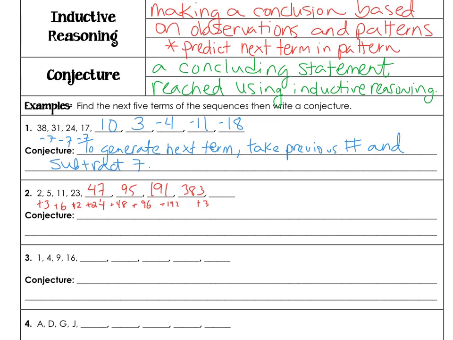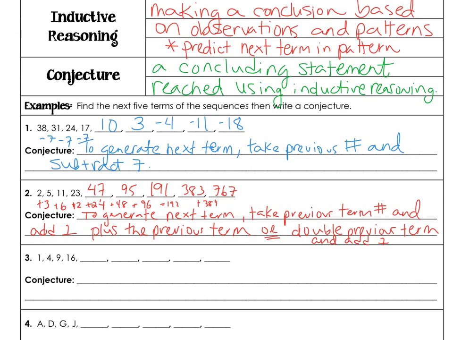And if we add 384 to that, then we get 767. So one way of describing that is we're taking the previous term and doubling it. So 2 times 2 is 4, and then I add 1 more to it. That's one way of doing it. Or we can say that we're taking the previous term and adding the previous term plus 1 onto it.